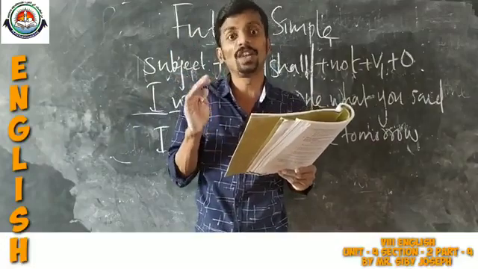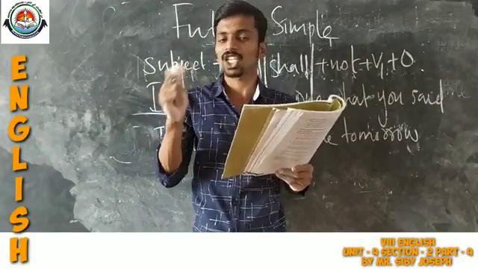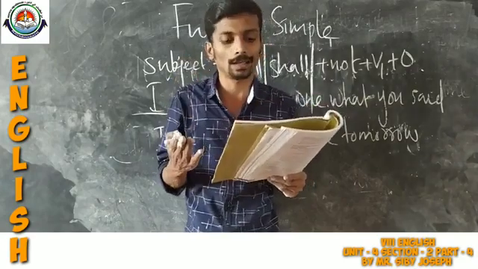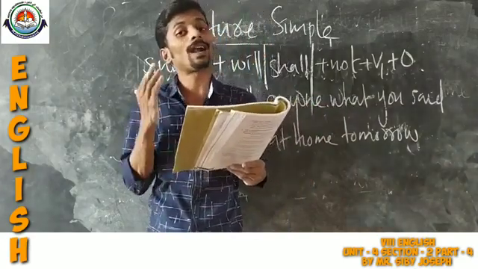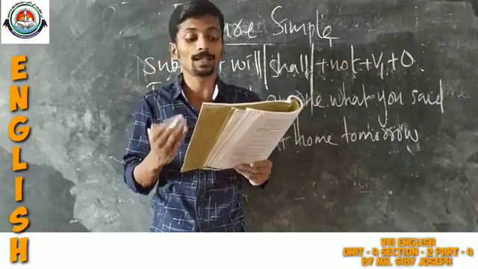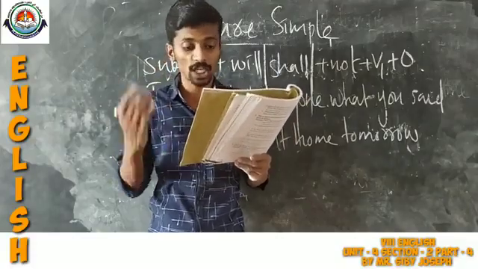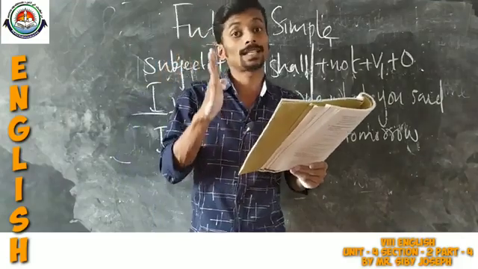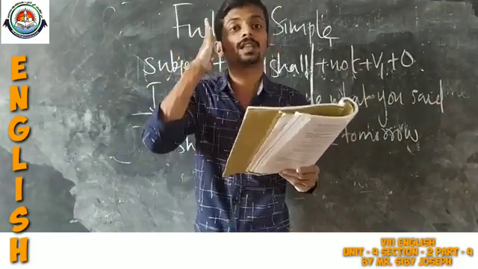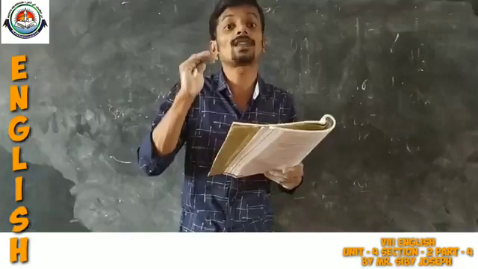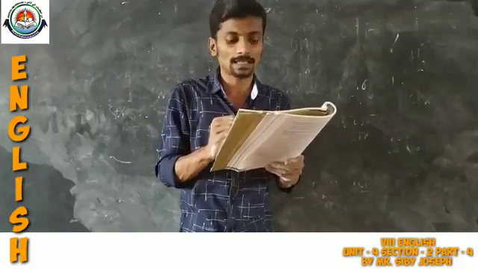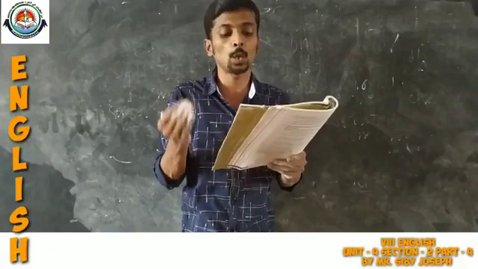We use will. We say he will, she will, it will, you will, and they will. So when you start a sentence with these subjects, you are supposed to use the will form.